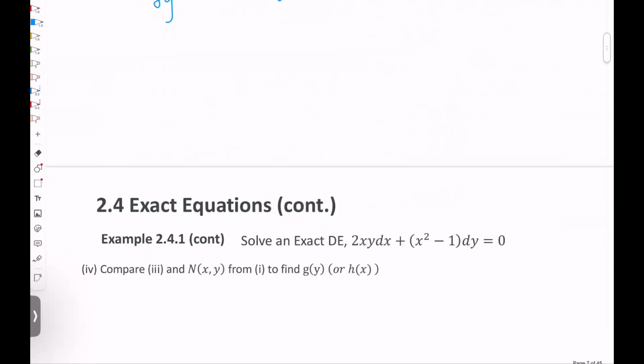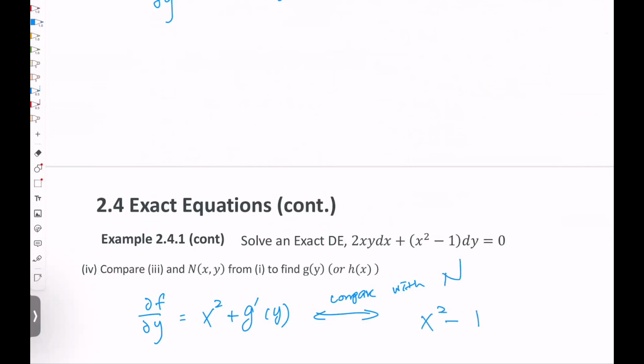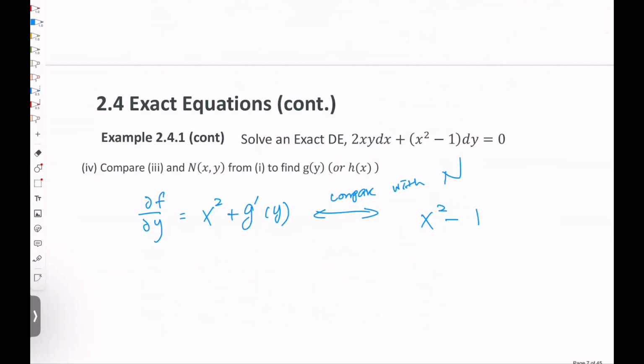Step number 4. So now we have this as g prime of y. Now we need to compare with N, which is x squared minus 1. When you compare this, we now know g prime of y equals negative 1. And from here, g of y equals negative y plus c.